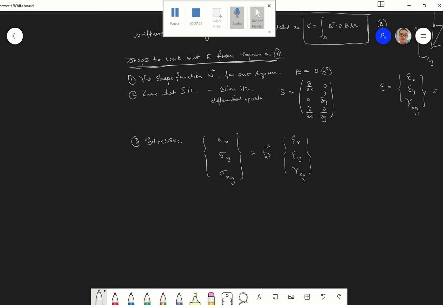Now, for the isotropic material, that means we have a uniformly distributed system, we can work out this D matrix from the Young's modulus, E, and the V, which is its Poisson ratio.